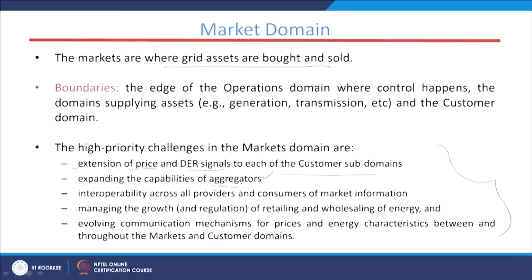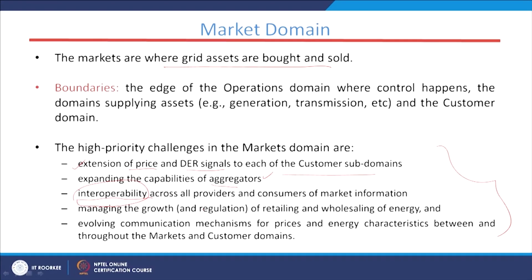They should be set up in such a manner that they speak to each other. Every device in the customer domain, the transmission domain, and the distribution domain should speak to each other. That is interoperability, across all providers and consumers of the market information.